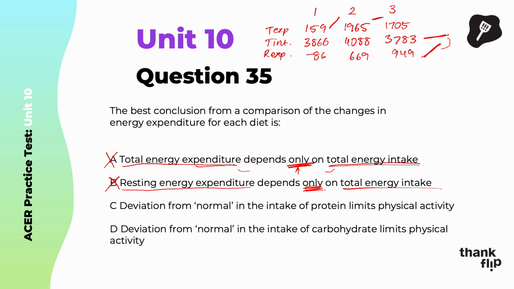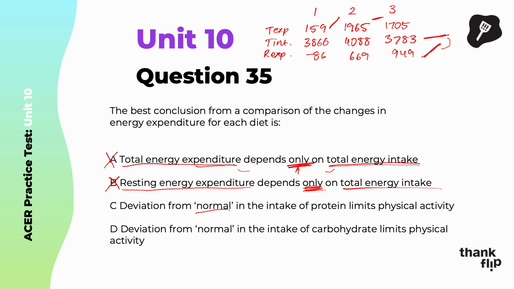Option C says deviation from normal in the intake of protein limits physical activity. With the dot points underneath our table 2, we're given some information that we can use here. Physical activity is referring to the non-resting energy expenditure, right? Because we're told that resting energy expenditure is anything other than physical activity, and resting plus non-resting equals the total energy expenditure.